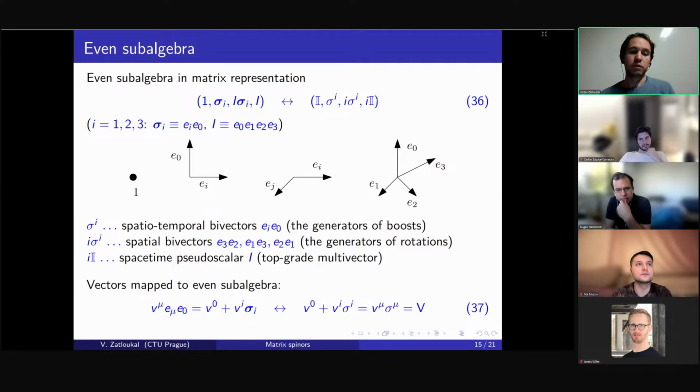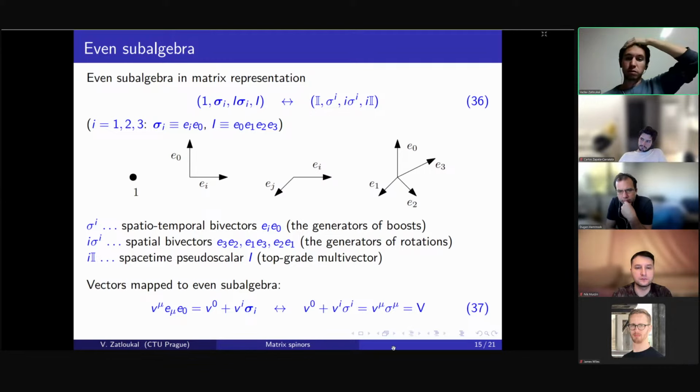Now, even if we have vectors in geometric algebra, we can just multiply them by any chosen vector. So let's take E0, the temporal vector, and we get to the even subalgebra. So from vectors we can form even elements, and there's a representation of vectors in the even subalgebra of the geometric algebra.